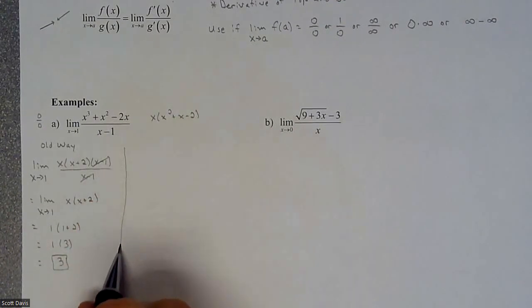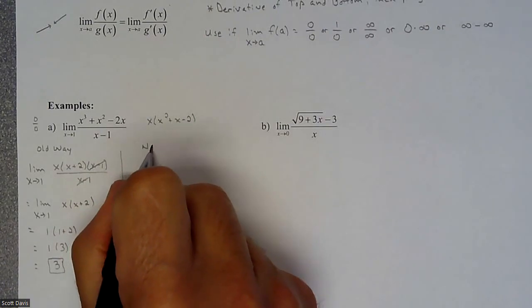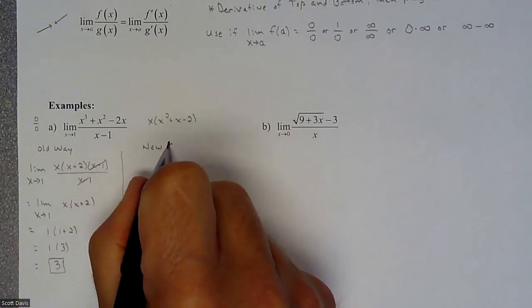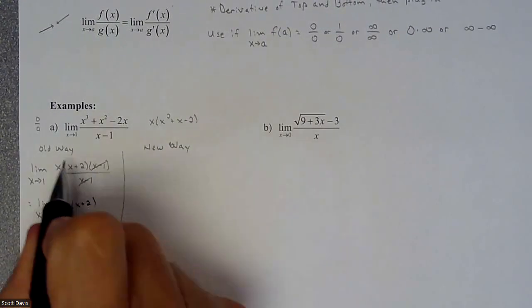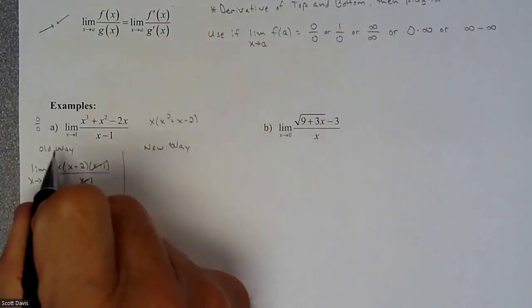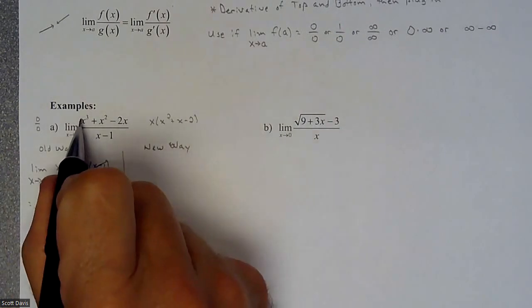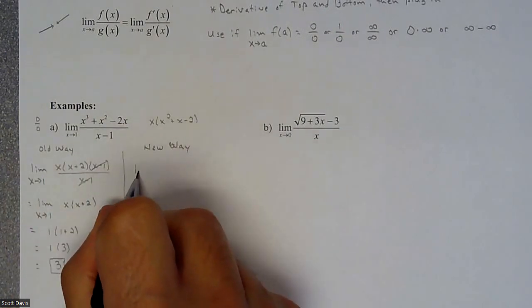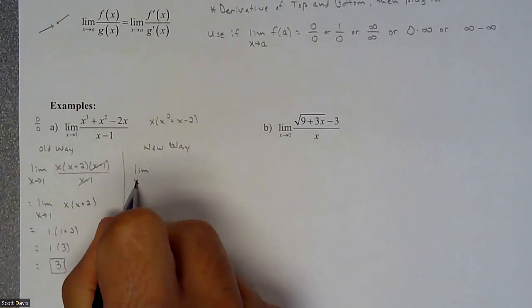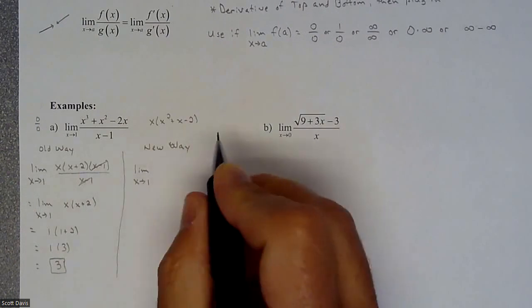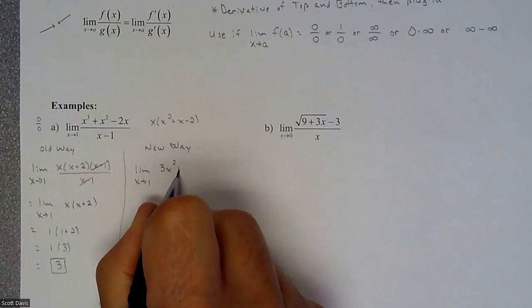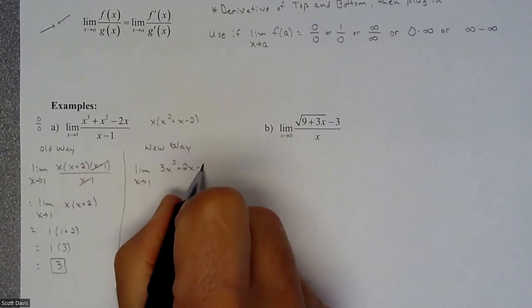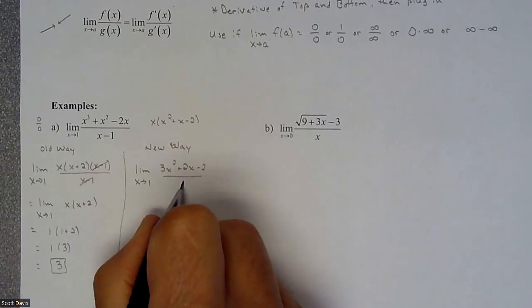So the new way is recognizing that we can do L'Hopital's rule. We still know that we had a 0 over 0, but we can take the derivative of the top. So the limit as x approaches 1. We take the derivative of the top, which is 3x squared plus 2x minus 2, over 1.